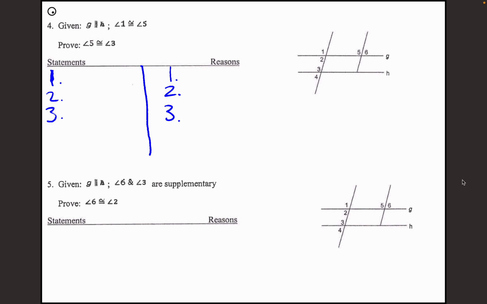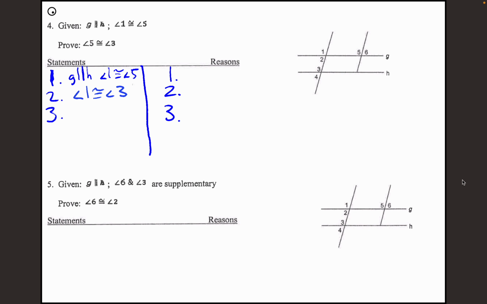I'm going to give you guys the statements. I want to see if you can get the reasons. You should automatically already know one of them. But use the previous 3 to help you out on the next ones.